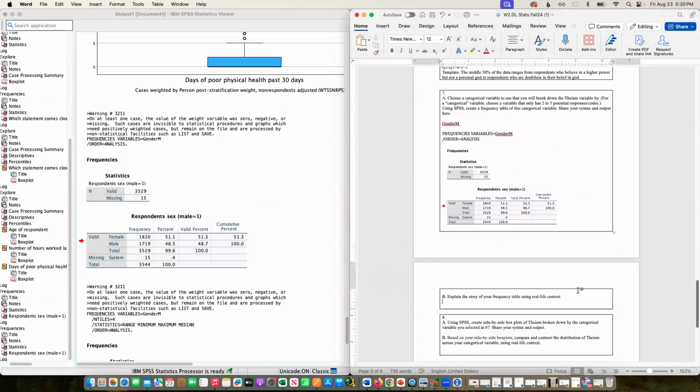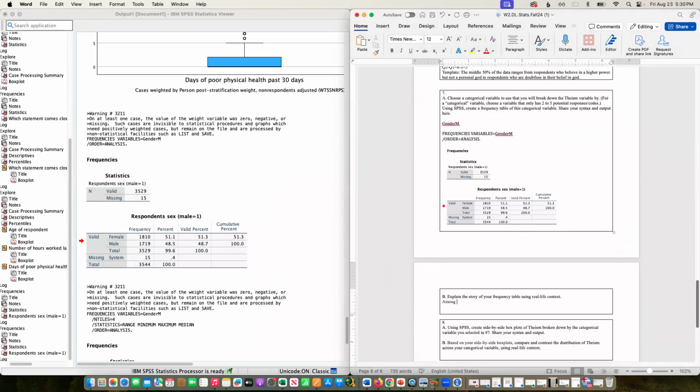What I see here is that among the 3,529 respondents for whom I know their gender, so I'm looking not at the missing, but at the total right here, we can see that 1,810 are women and 1,719 are men.